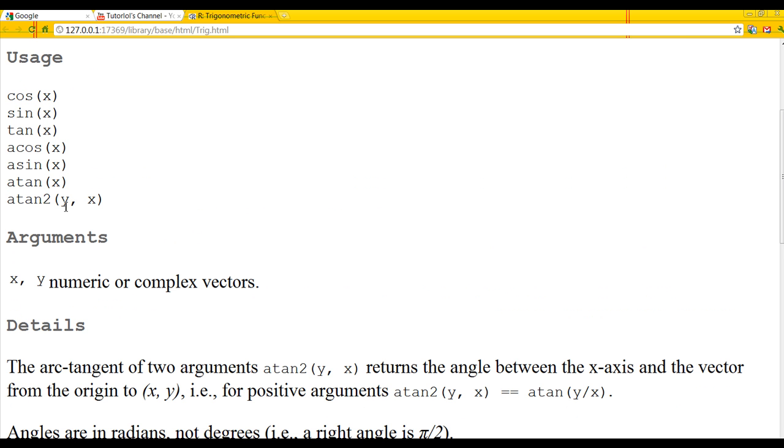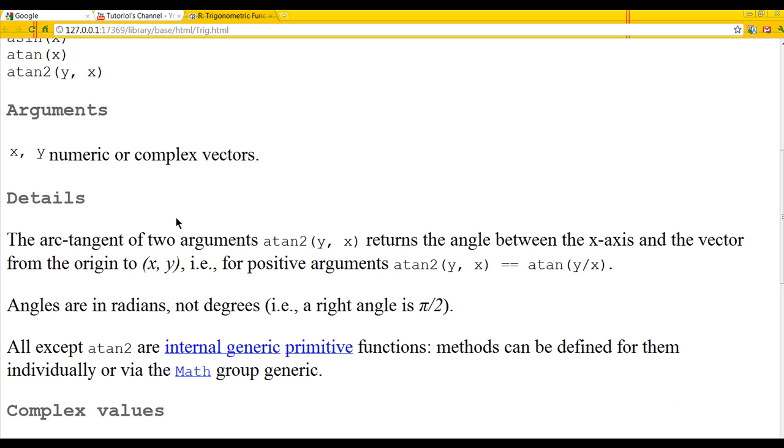So this one, I don't know, you put in the vector xy, but you have to put it in this way, and you get an angle. So it's the angle. Well, anyway, angles are in radians, not degrees, i.e. a right angle is pi over 2.